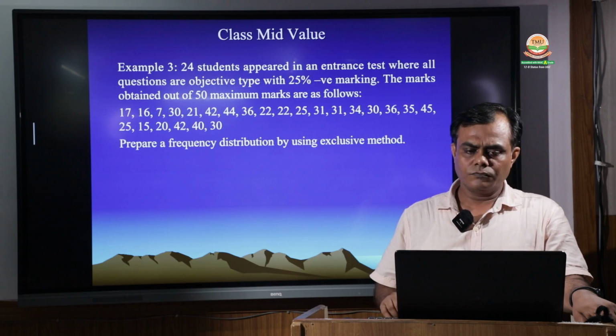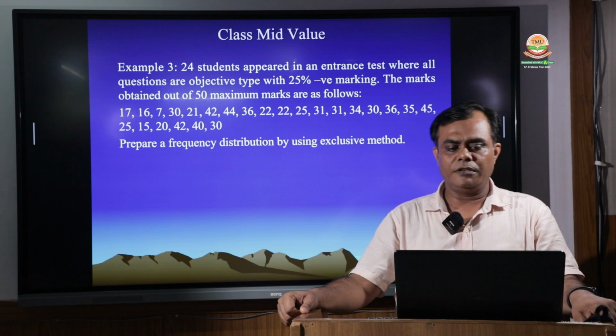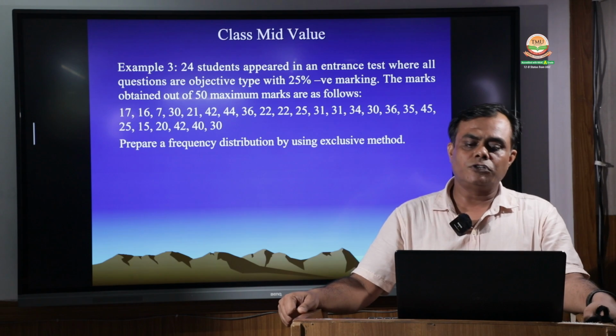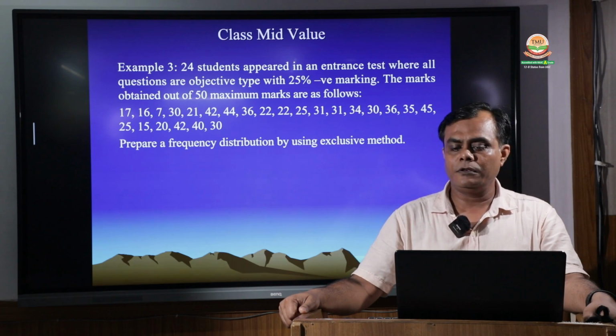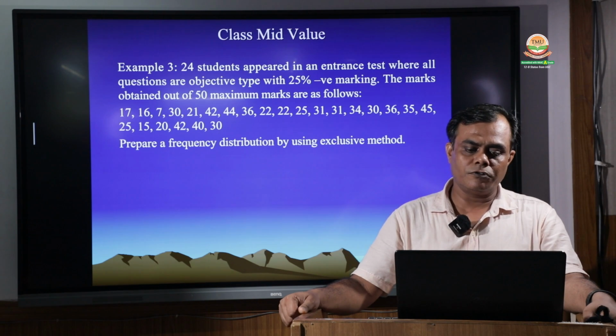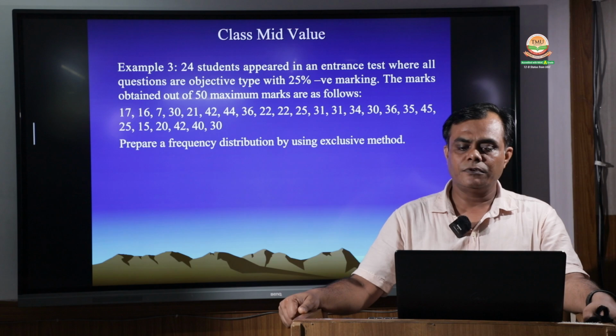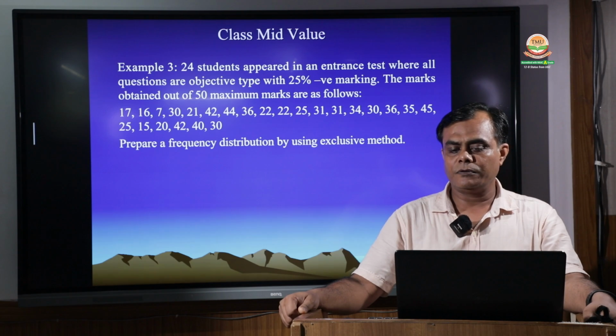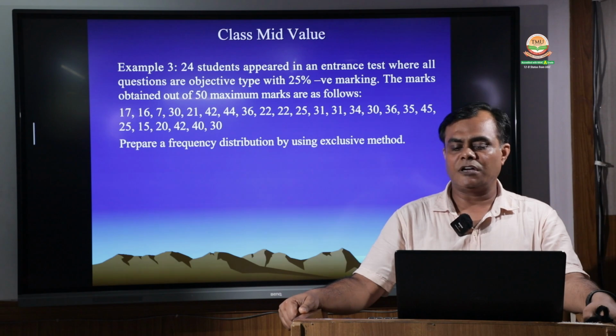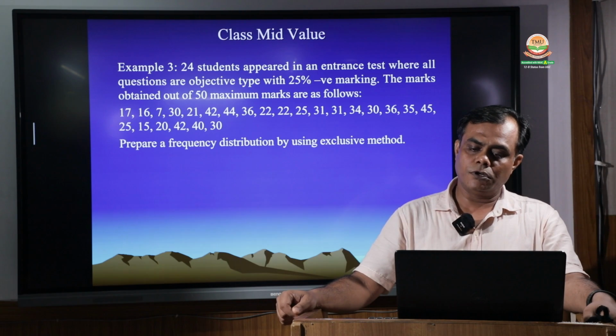The example given in this slide: 24 students appear in an entrance test in which all questions are objective type with 25% negative marking, and obtained marks out of 50 as follows.